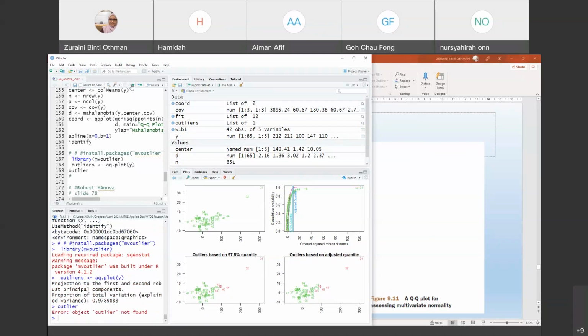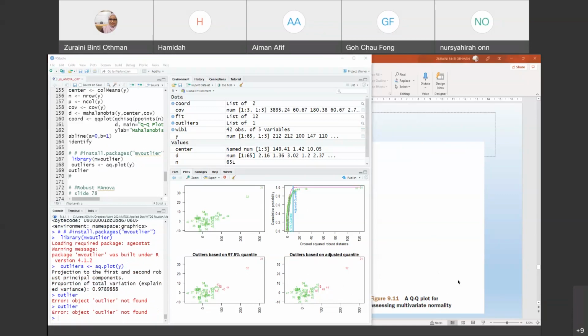Right. Okay, error: object outlier not found. So there is the code. There is no outlier object, so there is no outlier here. This is the 97.5 quantile and this is the adjusted quantile, and this is the first result just now.